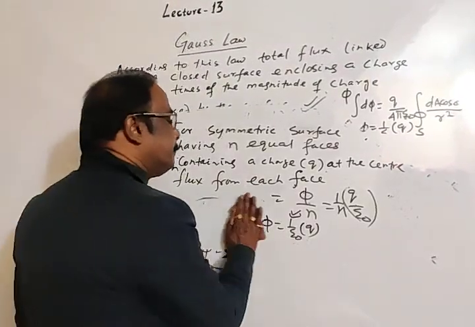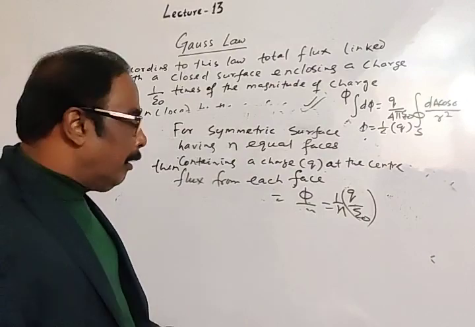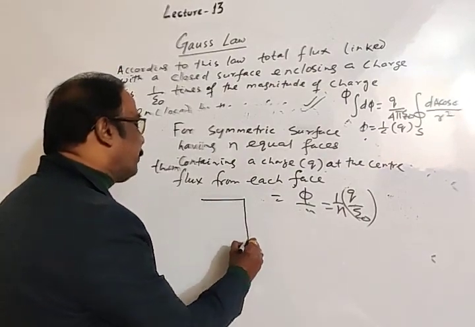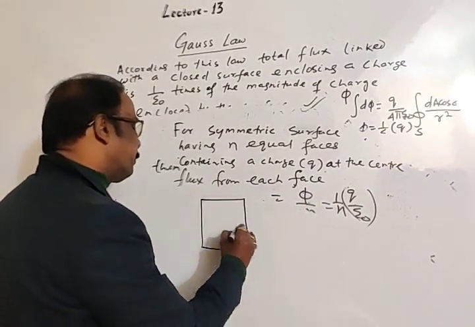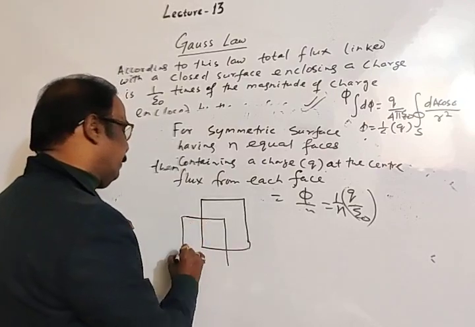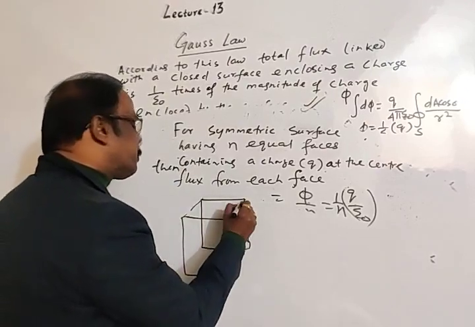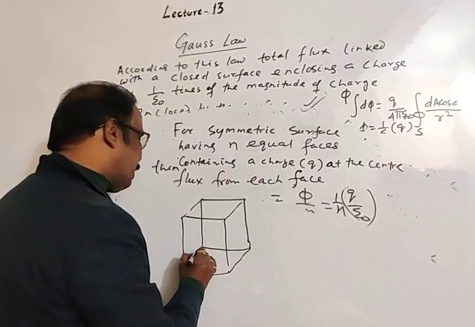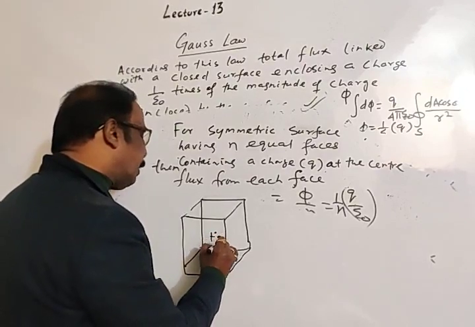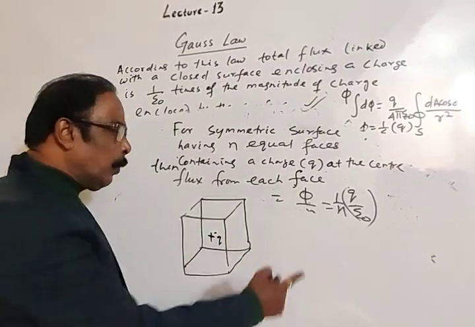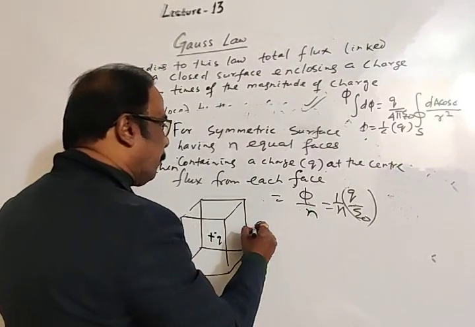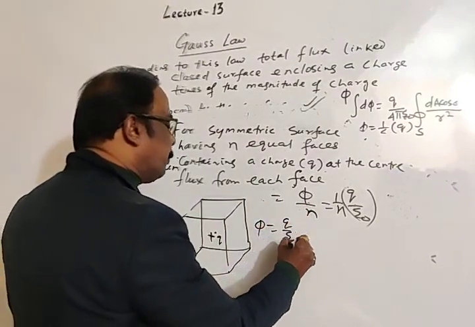Another example. Suppose we are taking a cubical surface. Let this cubical surface contain a charge q at the center of the cube. Then total flux is q divided by epsilon naught.